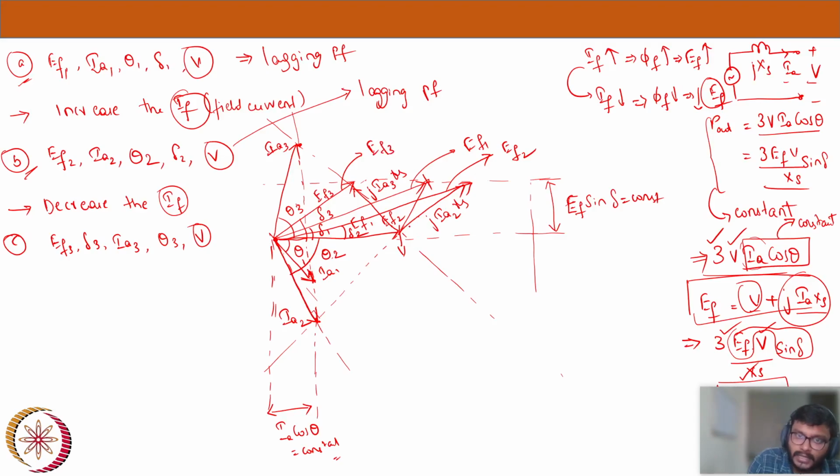From the diagram we can say that EF1 and EF2 are bigger than V, obviously they lie after V, and EF3 is before V and definitely lesser in length compared to V. Since EF1 and EF2 are more, we say this condition is over-excited, because the excitation voltage EF is more here. So for both condition 1 and condition 2, it is over-excited.